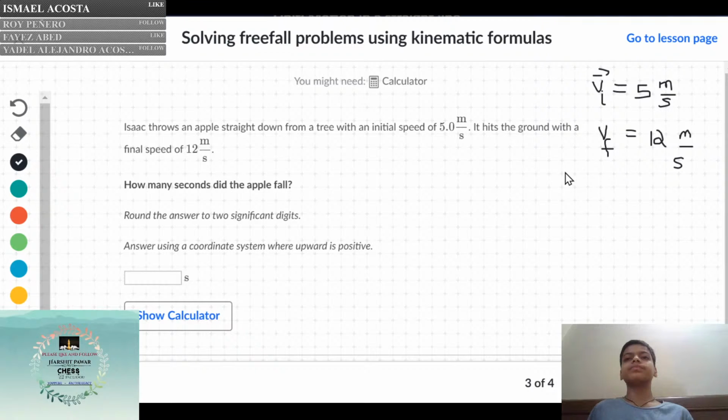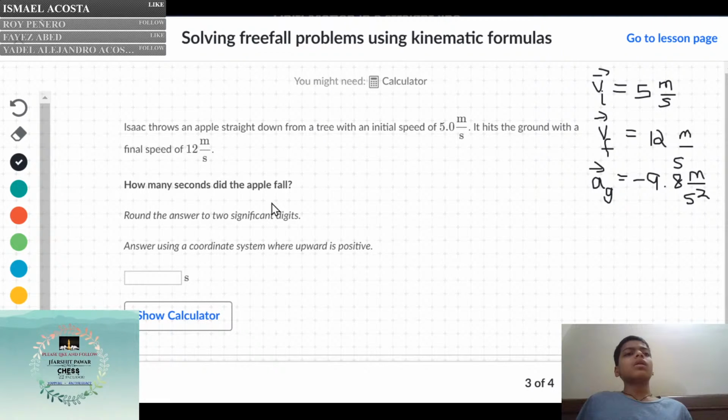We also know the acceleration exerted by gravity is negative 9.8 meters per second squared. We want to find what the change in time is equal to.